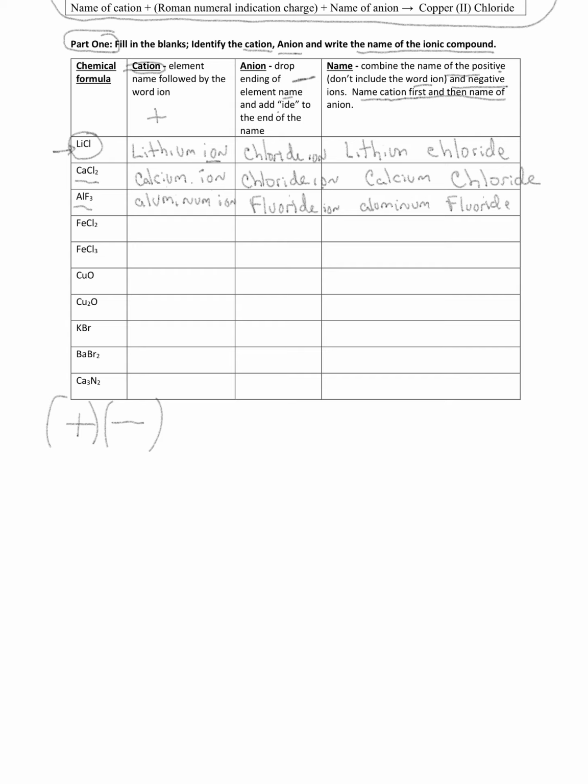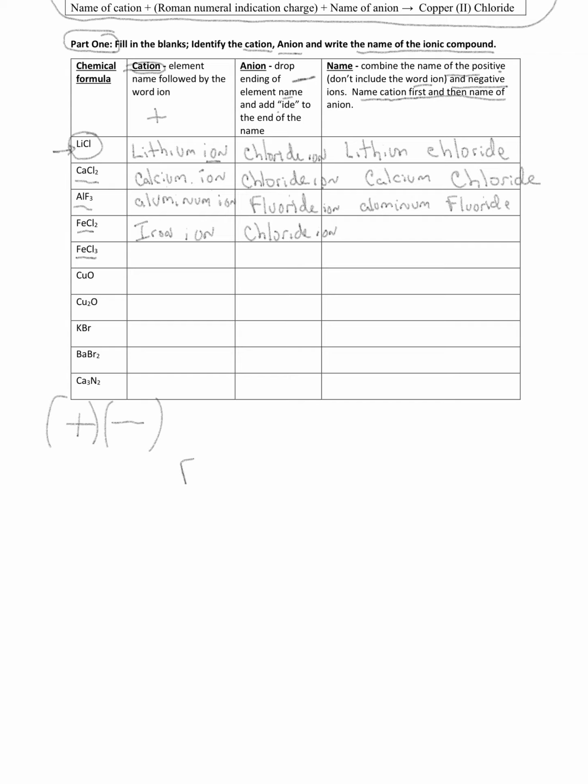So the cation is iron, Fe, ion. And then the second element, the anion, is chloride ion. Okay? Now, one thing you notice here is that if you look at this one here, FeCl2 and FeCl3, iron has two possible choices as far as charges.